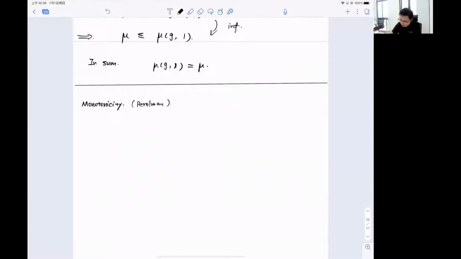Now, the monotonicity formula says that assume we have a compact Ricci flow, which exists for at least a short time.